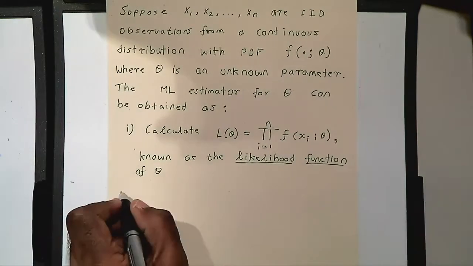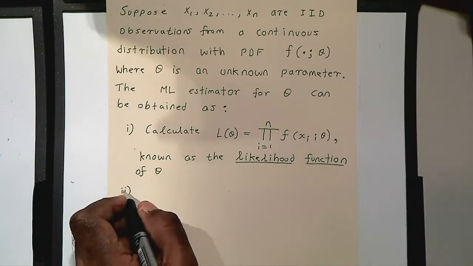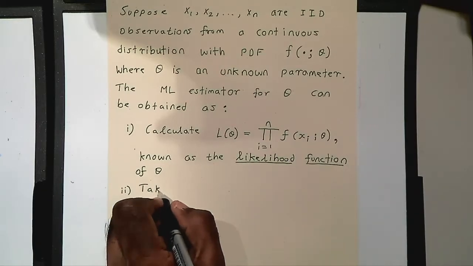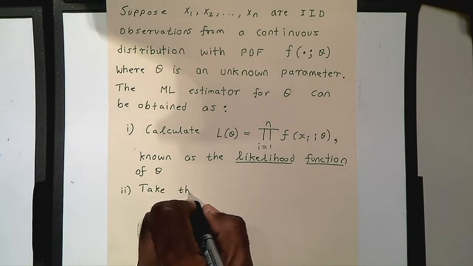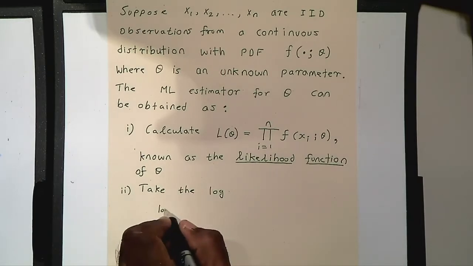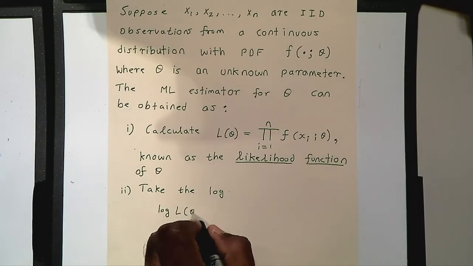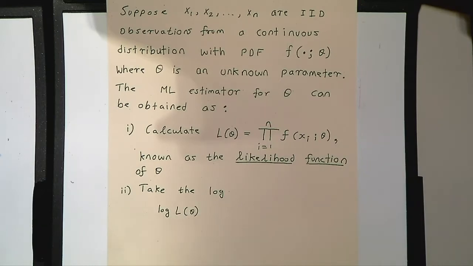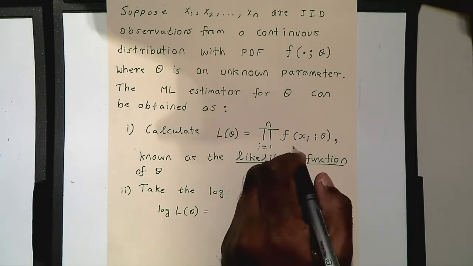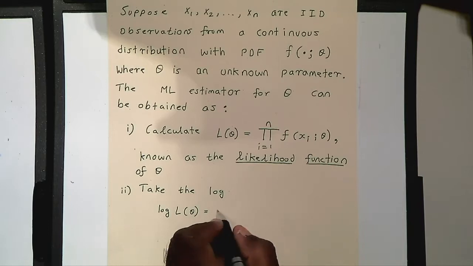The second step is to take the log of the likelihood, right? If you take the log of the likelihood, it's a log of the product, which I mentioned earlier in the course, and the log of the product is the same as the sum of the logs.